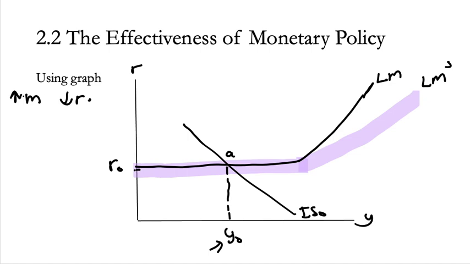We increase money supply just to have lower interest rates so that the cost of production decreases, in the hope that investment will increase. But this is not the case at point A here, because we are facing a flat LM curve, and increasing money supply does not decrease the interest rate enough to attract investment.